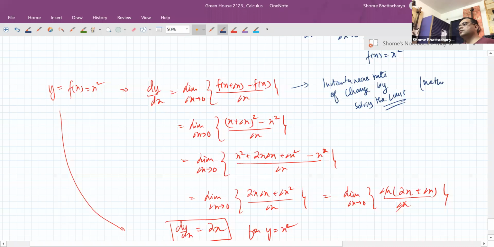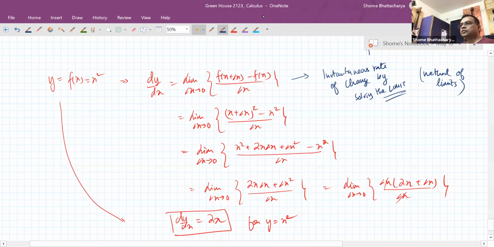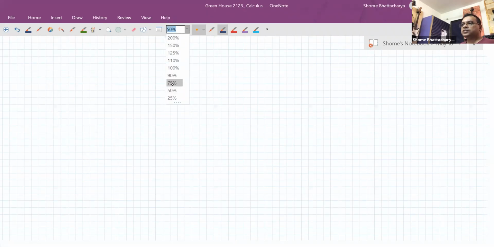Okay, so already you've seen that without that much effort, we have learned how to find the instantaneous rate of change for two functions just today.